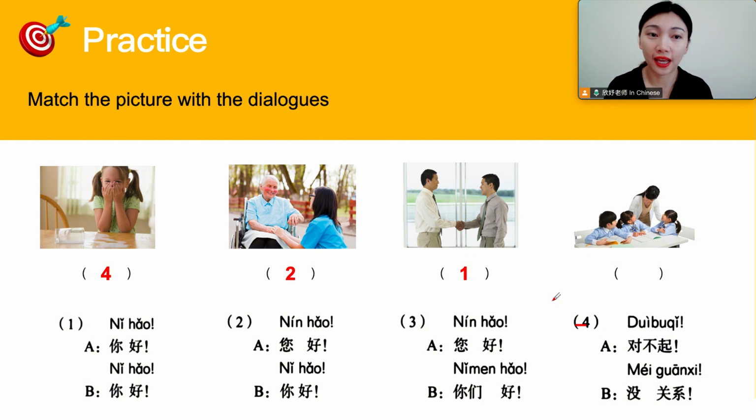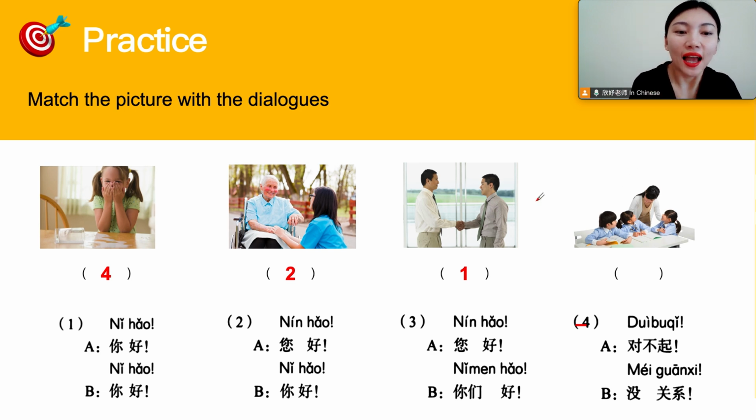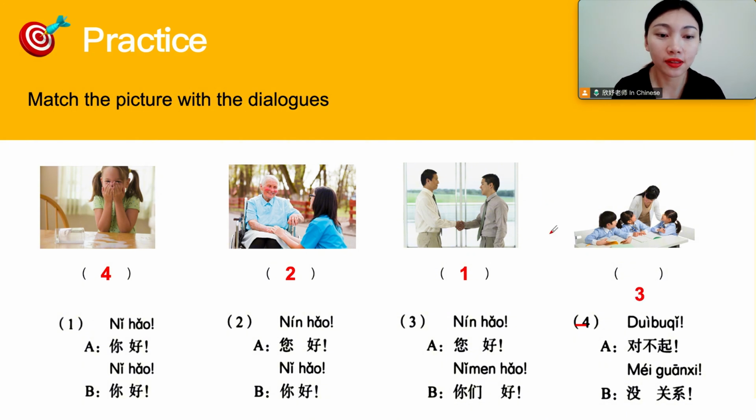Usually, we don't shake hands. I know in the UAE, every day when we go to school or to a company, we shake hands with colleagues and the boss. It's very normal. But in China, we will not shake hands except the first time or in a formal situation.